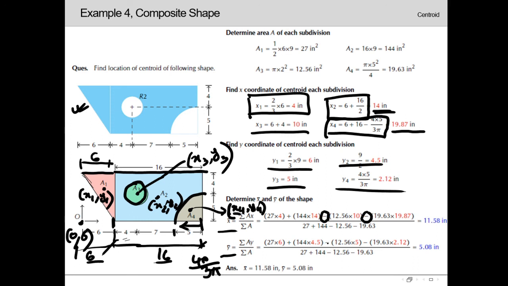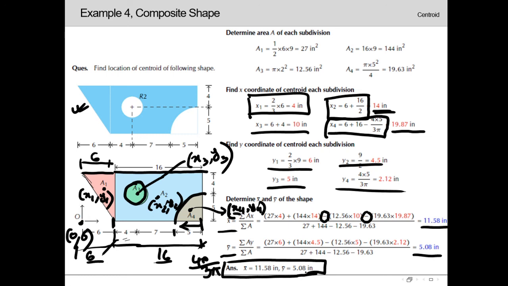So plugging the values of x1, x2, x3 and x4, a1, a2, a3 and a4, we will get the value as 11.58. So x bar equals 11.58. Similarly, plugging the values of y1, y2, y3 and y4, we will get the value of y bar as 5.08. So lastly, we conclude x bar equals 11.58 and y bar equals 5.08.